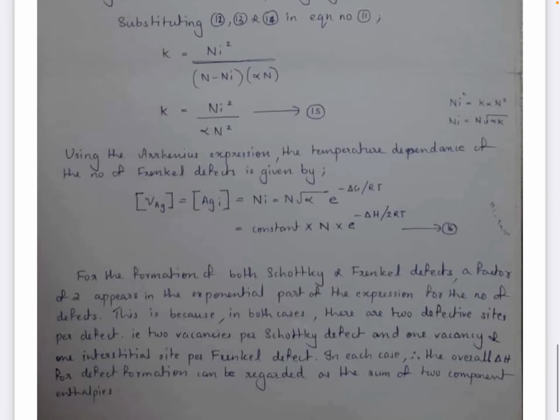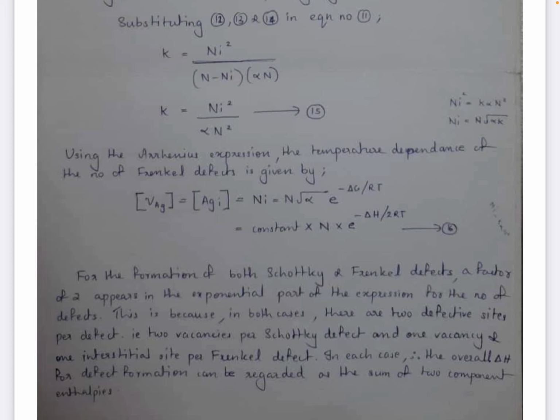Substituting 12, 13 and 14 in equation 11 will get us K equal to Ni square by N minus Ni into alpha N, or K equal to Ni square by alpha N square, because Ni square equal to K alpha N square, Ni equal to N into root of alpha K.